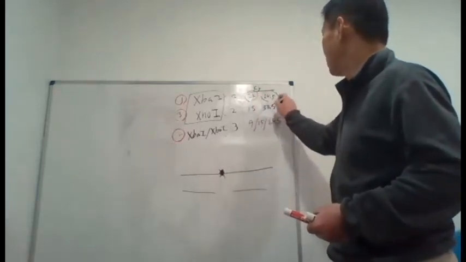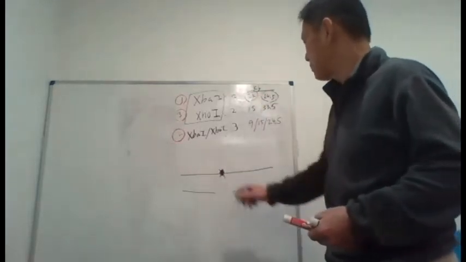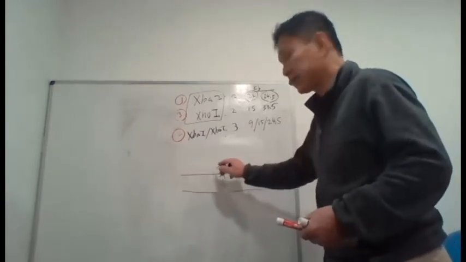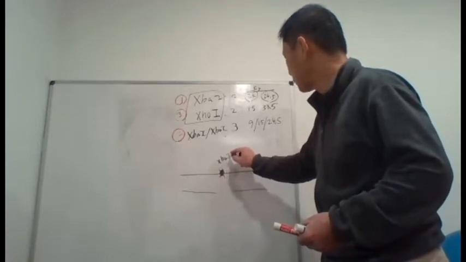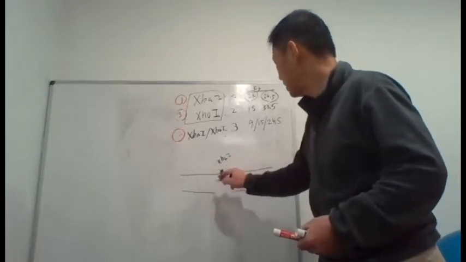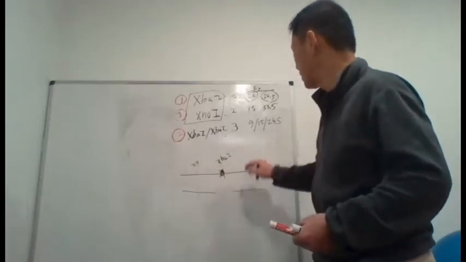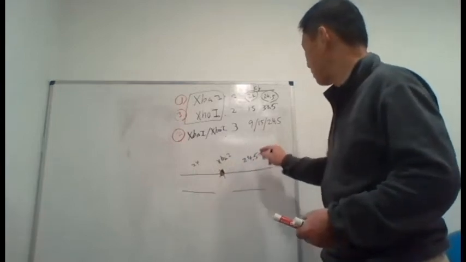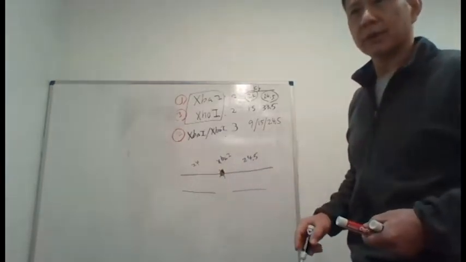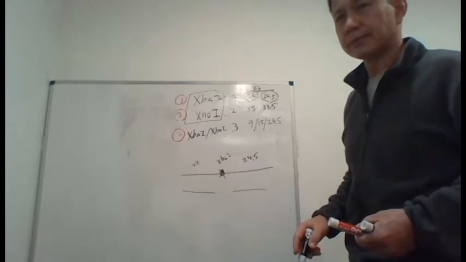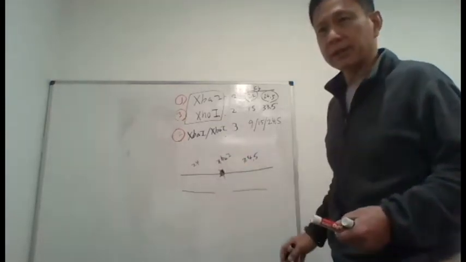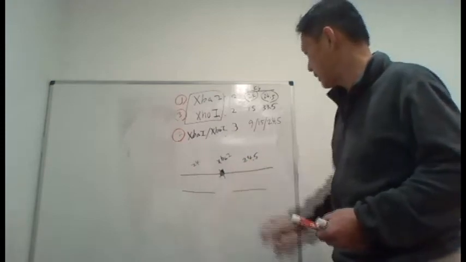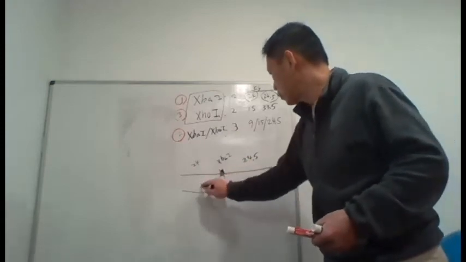One is 24, the other is 24.5, so that means it's somewhere in the center here. We cut here so that you can have 24 kb and 24.5 kb.